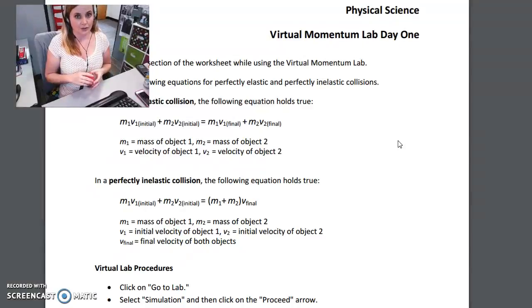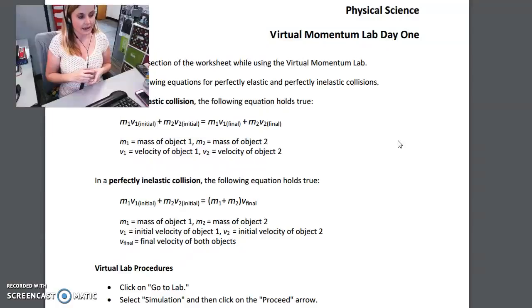The other thing that's true is that momentum is conserved in a collision. That doesn't mean that if this object collides with another object, say the desk, the momentum of this object is going to be exactly the same before and after the collision.